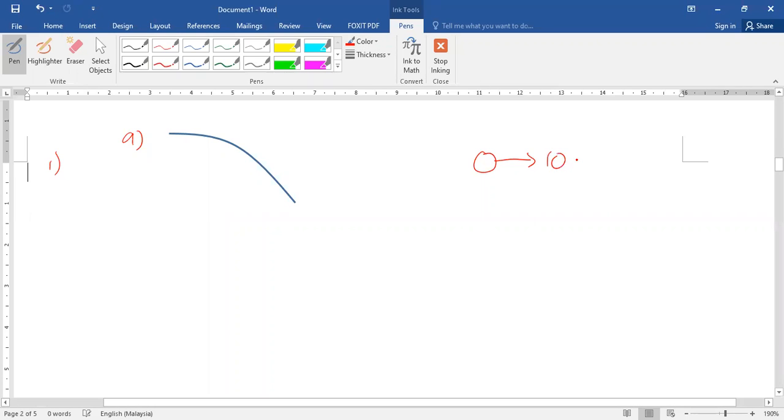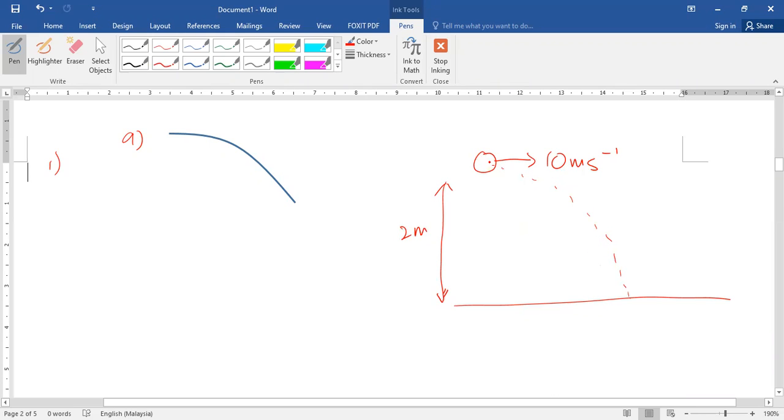This object is 2 meters above the ground. So let's say it will move in this path, in a horizontal path.